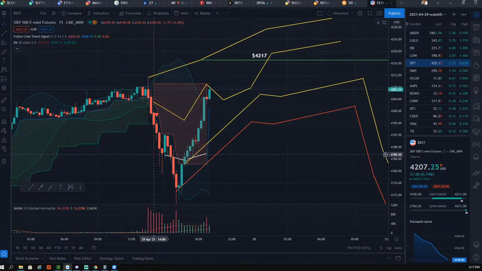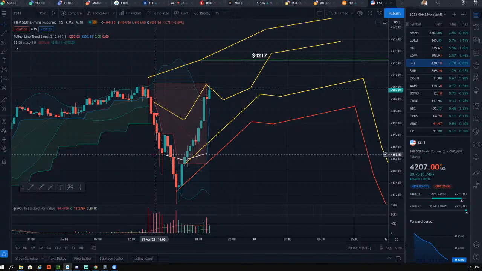If retail decides to jump in on this and actually take control of the market, because institutional buying has already bought up the float at this point, it's controlled. That's why it's moving up. So if retail buyers don't get scared and get weak hands and actually jump in and start moving this stock, it will move.